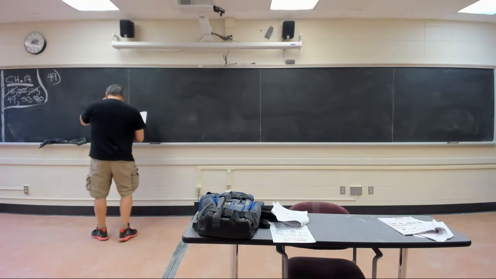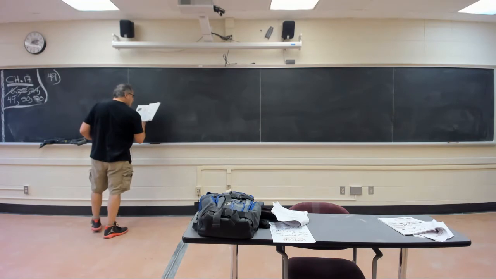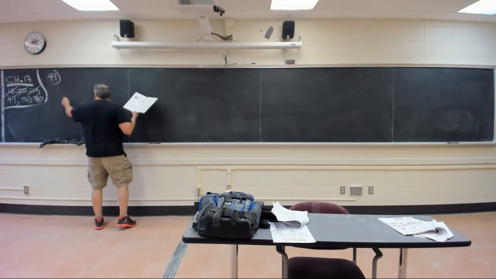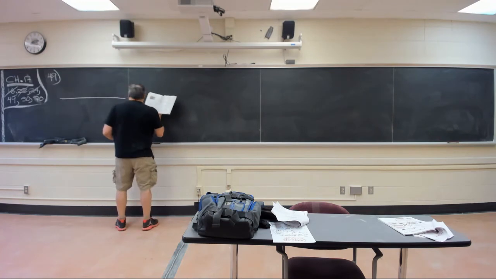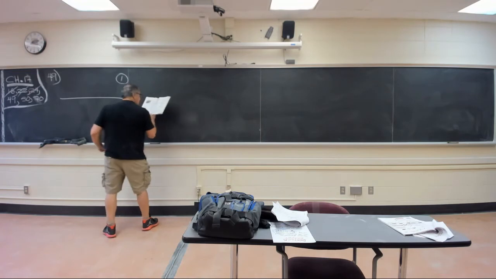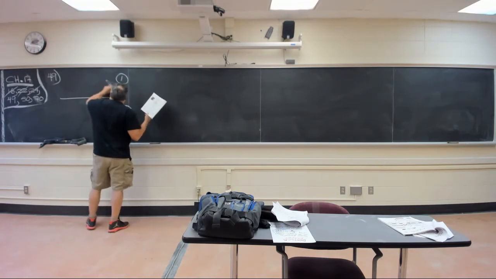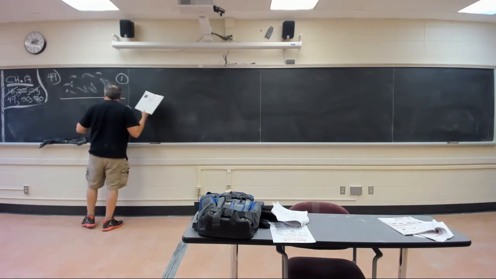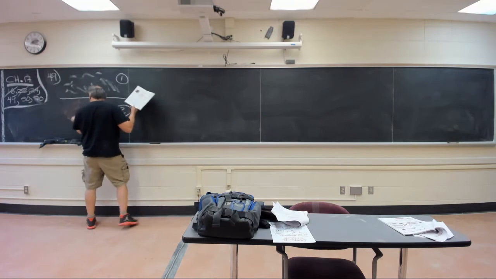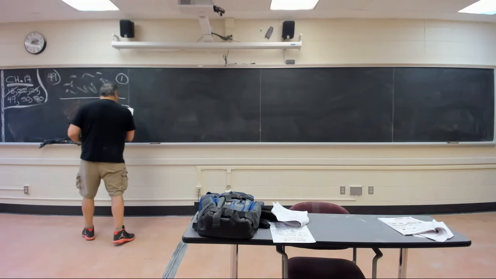Let's say there's this. Here's the boundary. Here's region 1. Here's region 2. Region 1 looks kind of like that, and region 2 looks kind of like that.